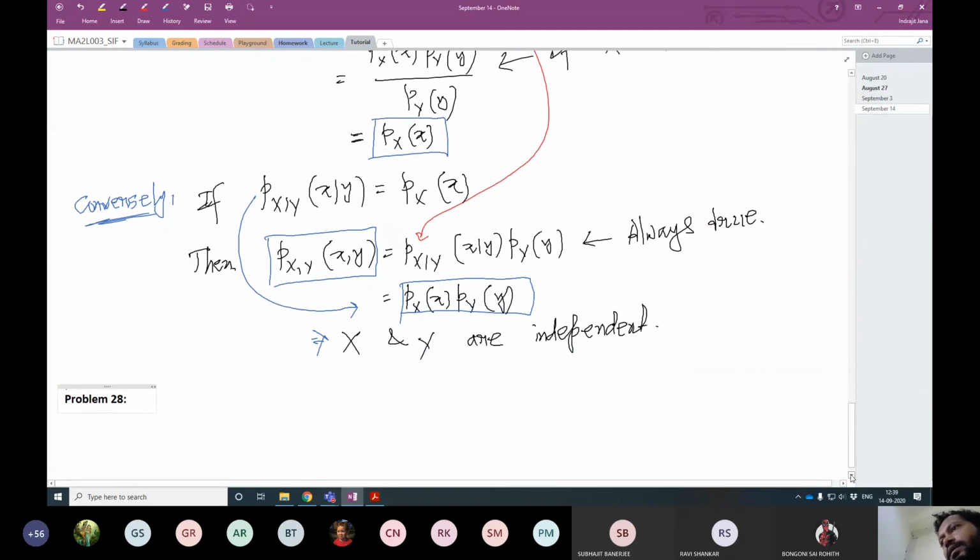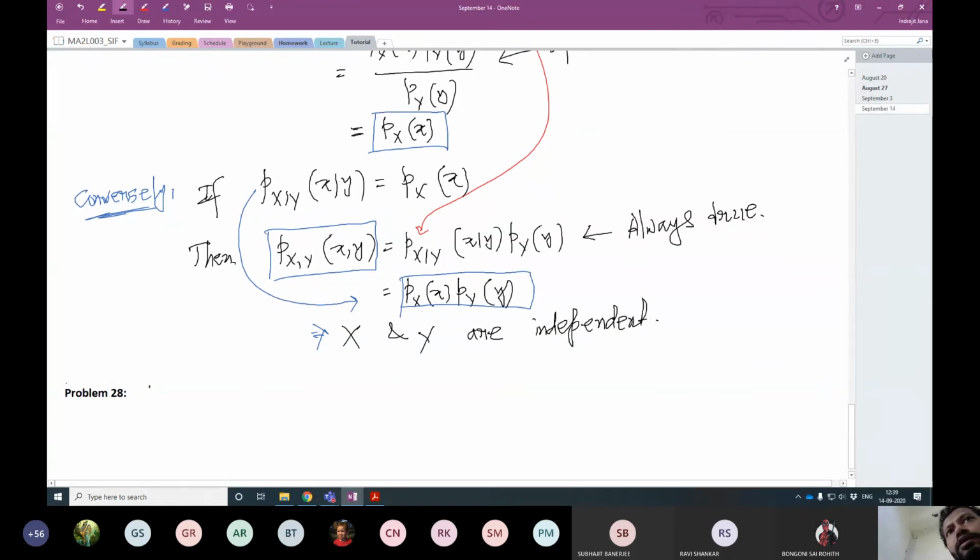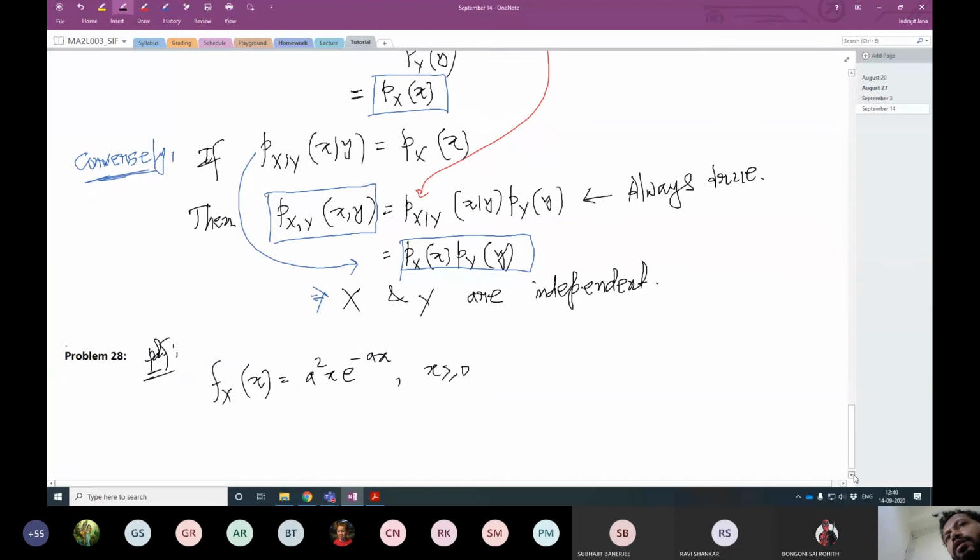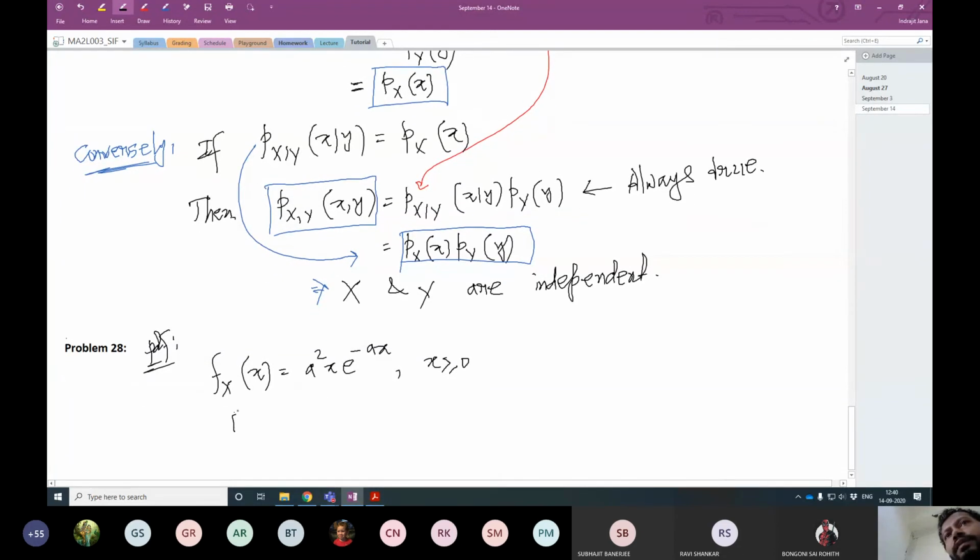The PDF is given by f of x, that is x squared e to the power negative ax, when x is not negative. Okay, and you want to compute the expectation of x.